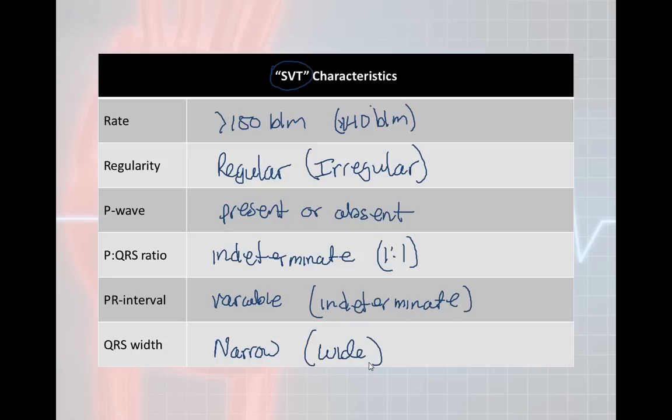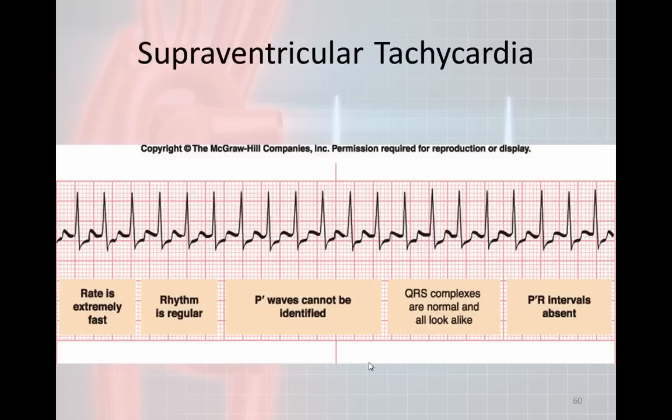And what's interesting about this is that you could have a rhythm that has a wide QRS, and as soon as you terminate the supraventricular tachycardia, your wide QRS goes back to normal. It's a little bit more complicated, as you can tell.